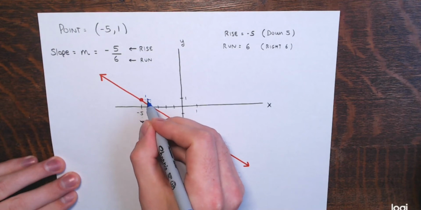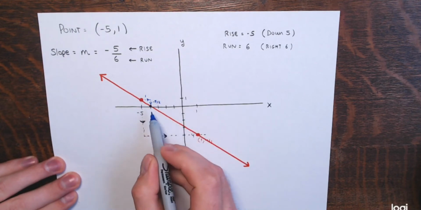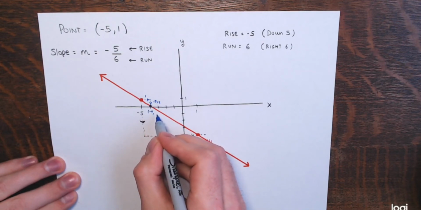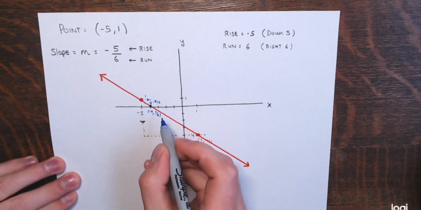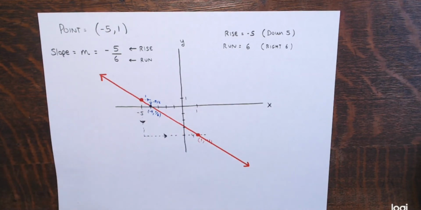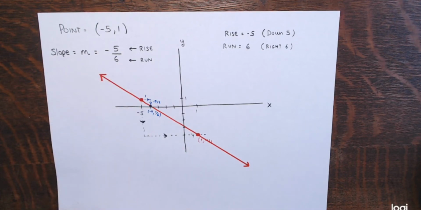So right 1 and then down 5/6, and there I'd be at this point, which would be negative 4 for x, and then 1/6 for y. This would also be on the graph, but I don't want to deal with fractions too often. But that's another way you could interpret slope. Slope just tells you how far up or down you're going to go if you move to the right 1 unit.